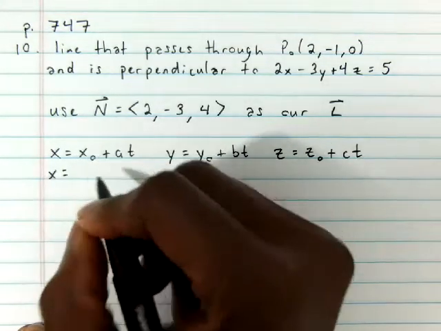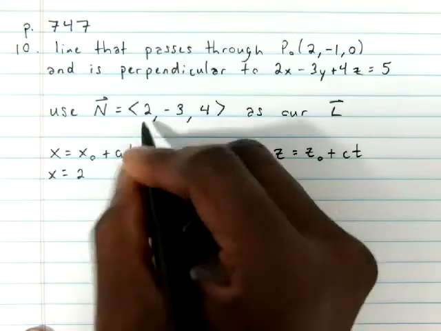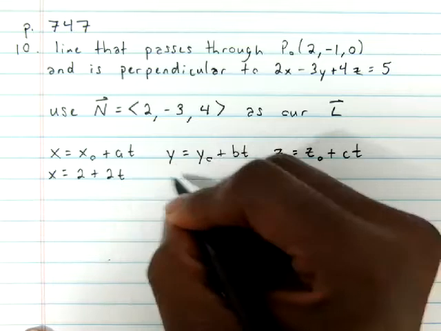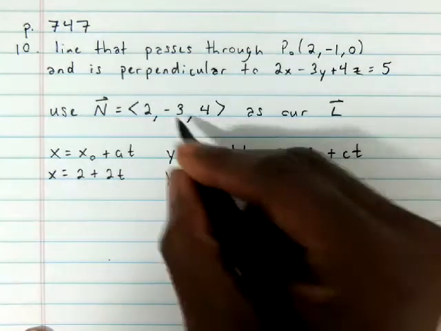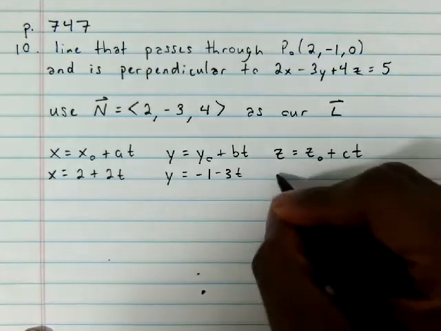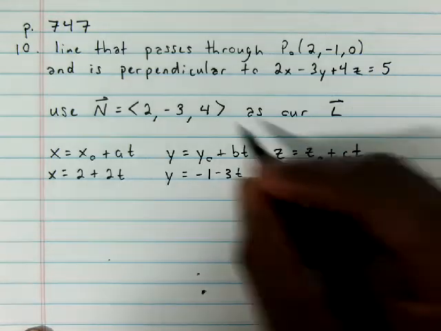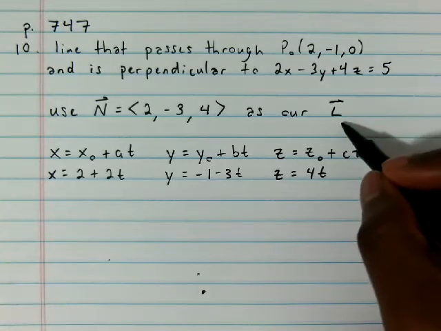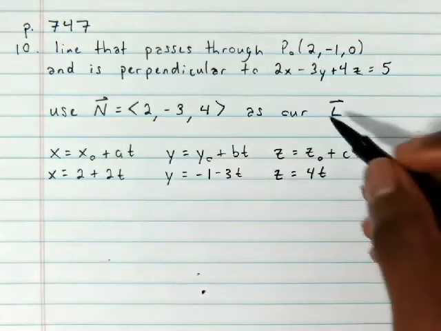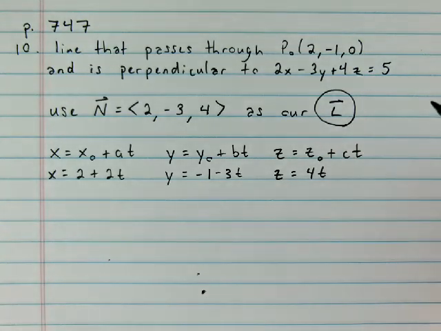So x equals, our x naught comes from our point, so 2, plus 2t, and y equals -1 minus 3t, and then z equals 0 plus 4t. This is really what we were looking for, but n worked out for us, so we use n as our L.